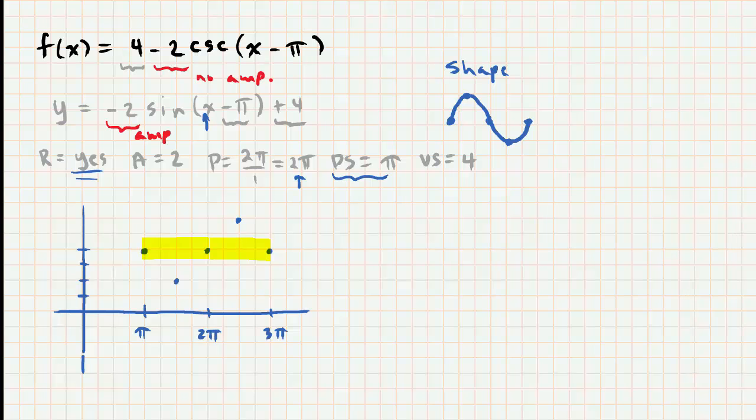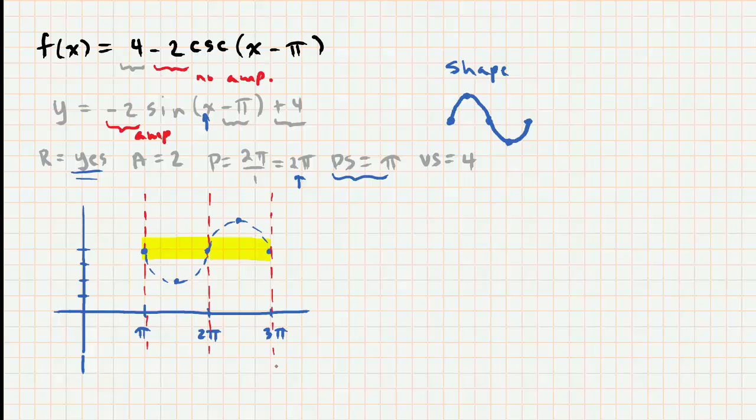So now we can draw our guide function. That is our guide. Now, anywhere that the guide function crosses the center line, the reciprocal function is going to have an asymptote. So I will draw 3 asymptotes, one going through each of these center line crossing points.